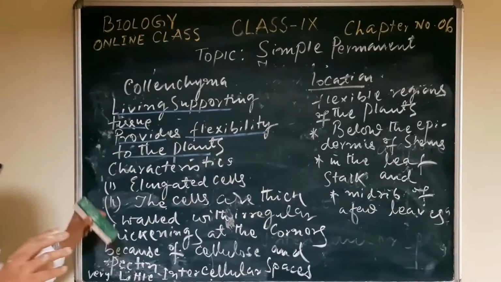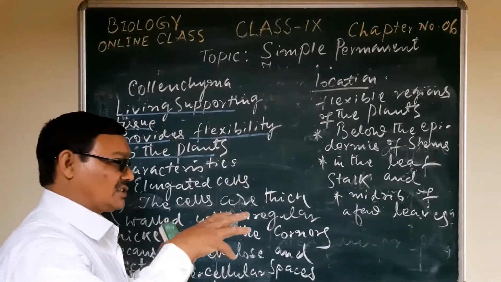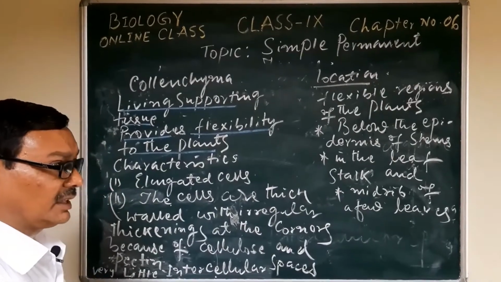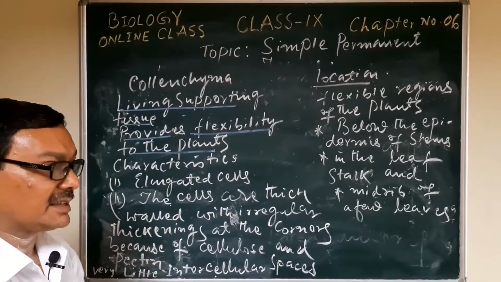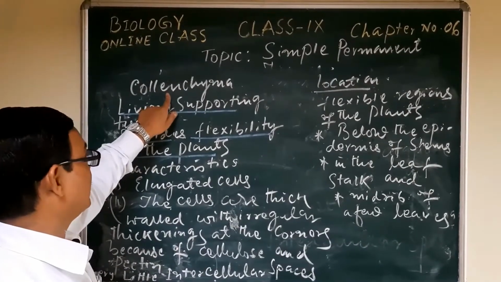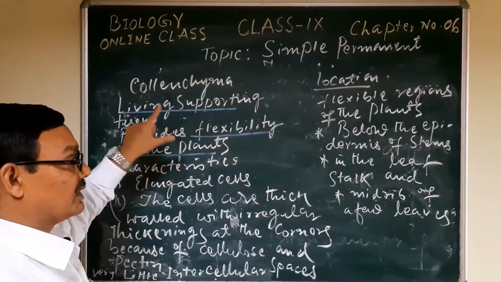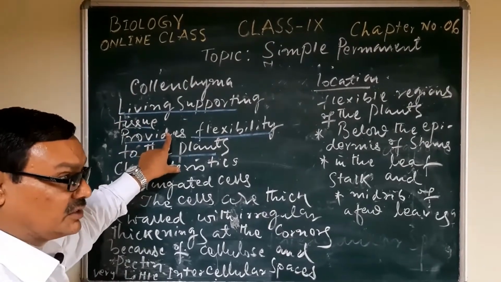As you well know, a plant is non-motile. They are fixed at a particular place, and they withstand with the help of this Collenchyma tissue, which provides them such flexibility.